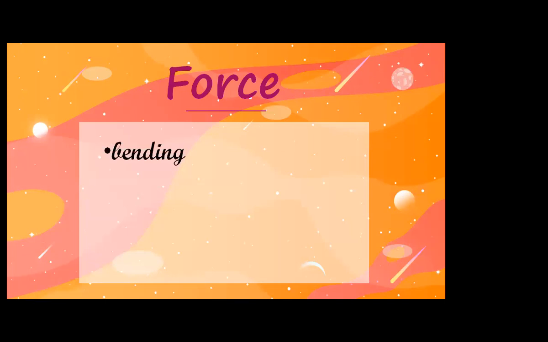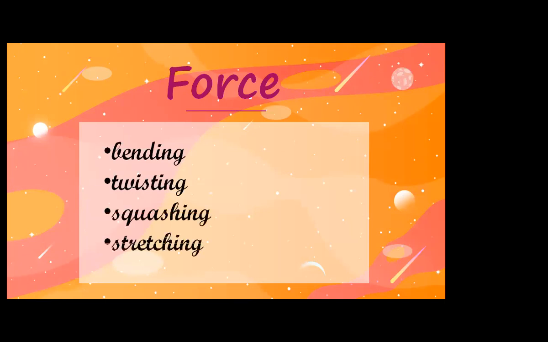Number one, bending. Number two, twisting. Number three, squashing. And number four, stretching. So these are four different ways through which we apply force on the materials to change their shape. And now we are going to have a look at the way to apply these forces.